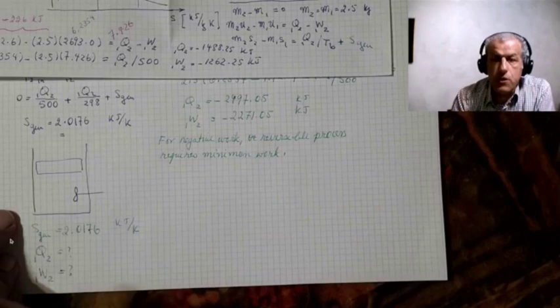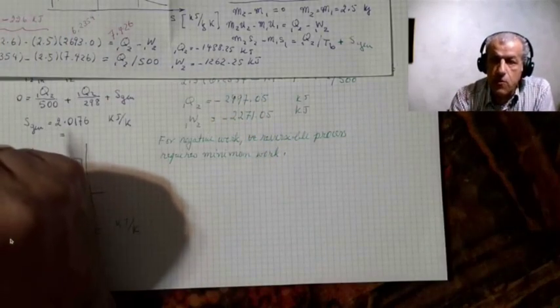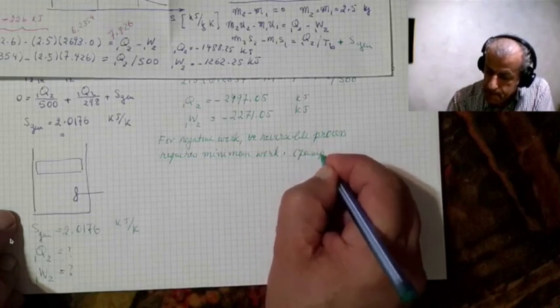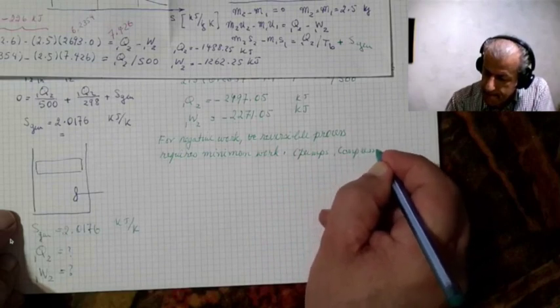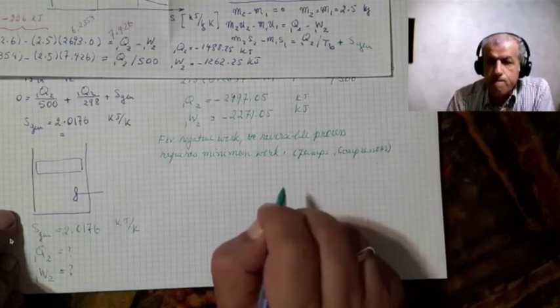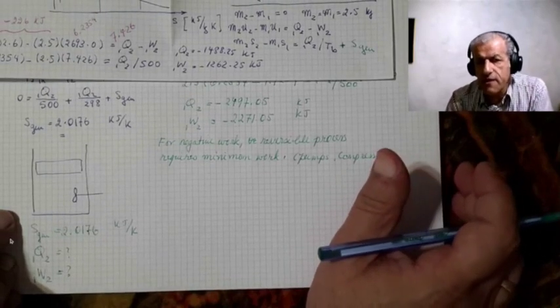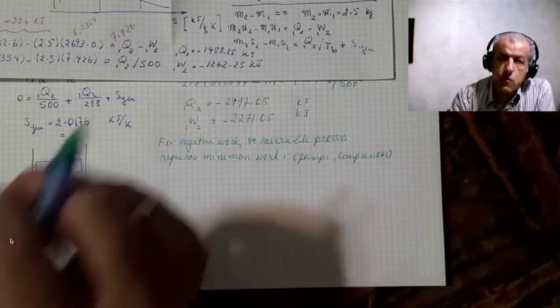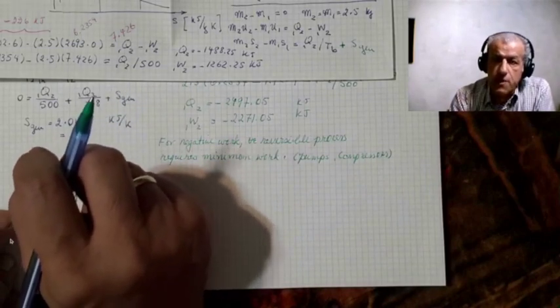So if we are to do work for a reversible process, work is minimum. And that's good for pumps and compressors, and all other instruments like fans, ventilators, and all other instruments where we have to do work. Minimum work is for reversible process.